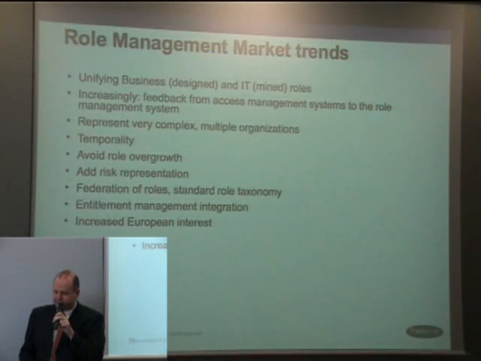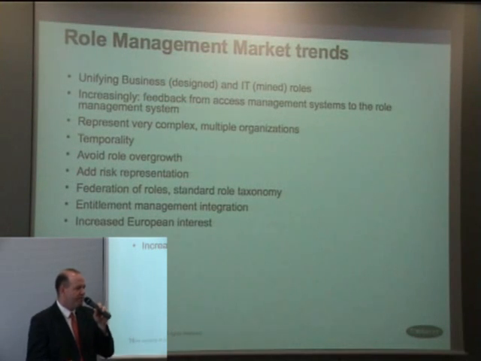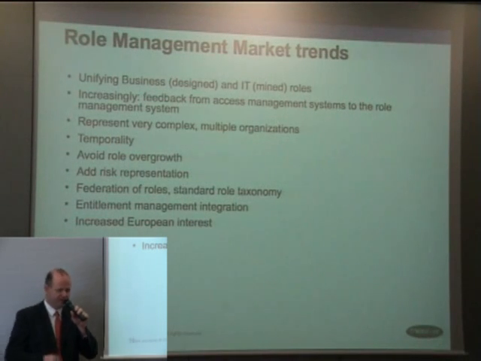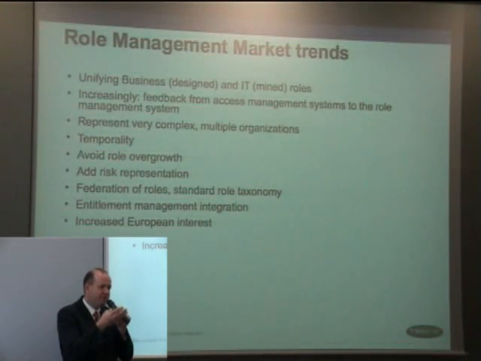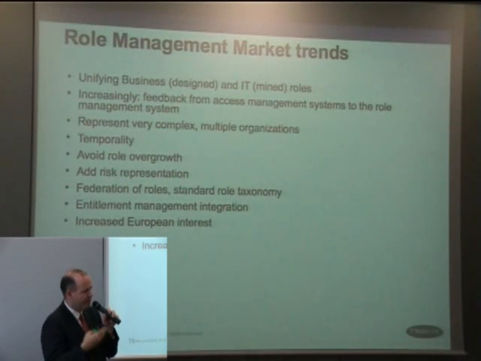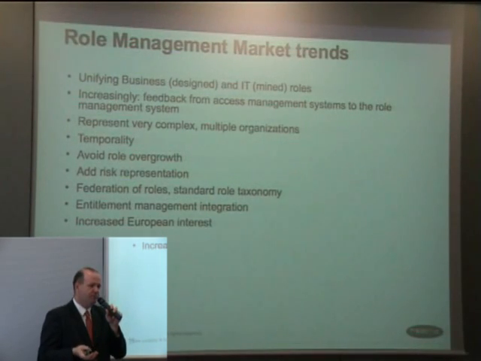One important thing to mention is avoiding role overgrowth. If you create your roles based on rules, so if you look at a user's position in the organizational tree, the location where they are, their job code, their postal code, and things like this, you can quickly come up with a lot of rules, right?